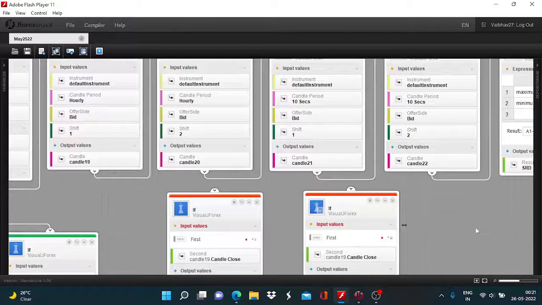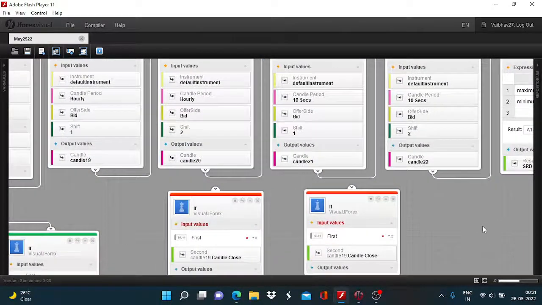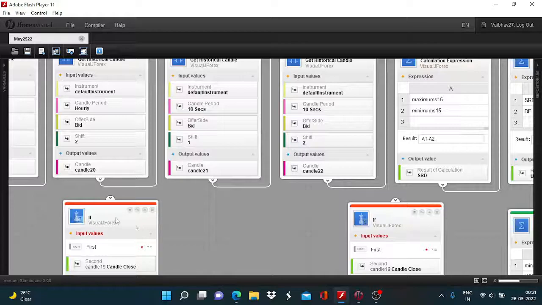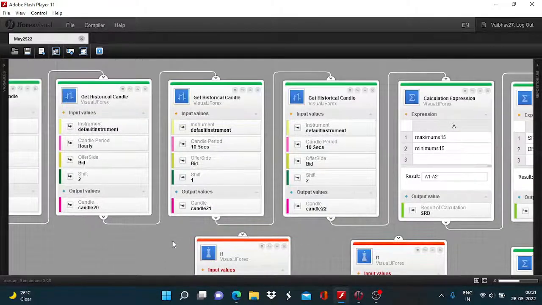and then we consider closing values of candle 21st and candle 22nd.